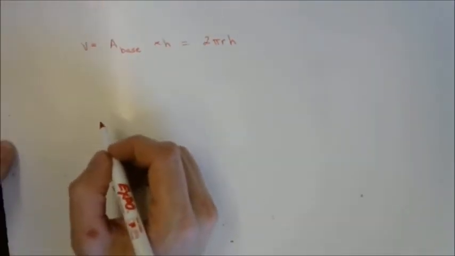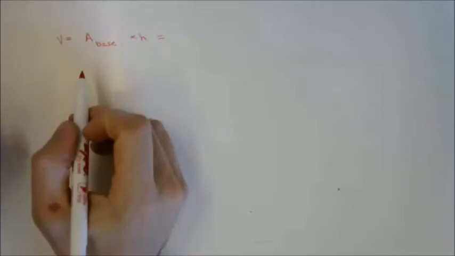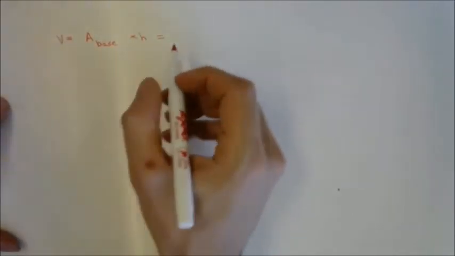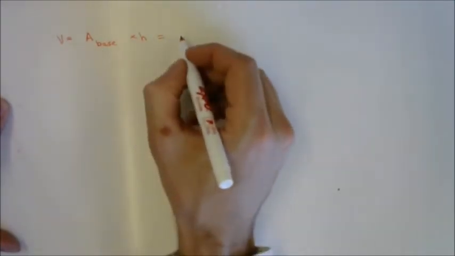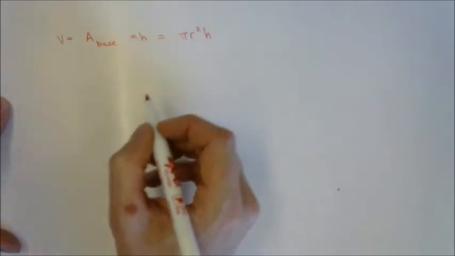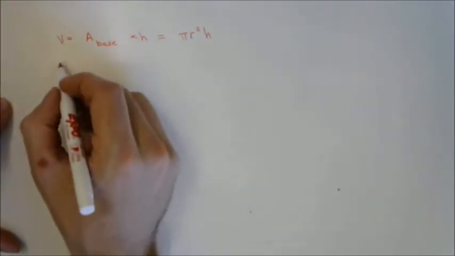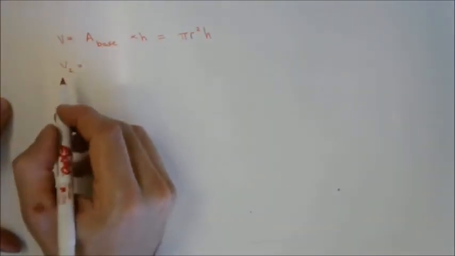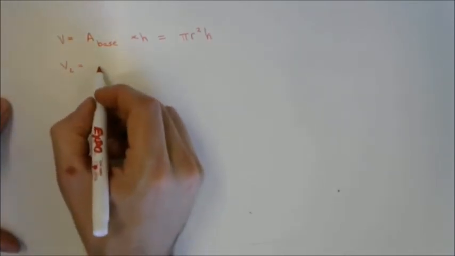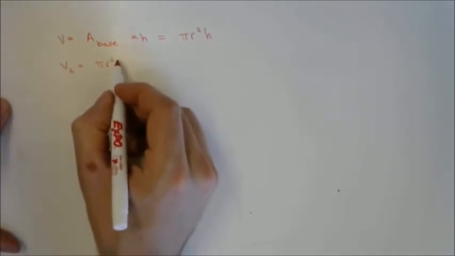Okay, here we go. The volume of a cylinder is the area of the base times its height. So the base is a circle, that's pi r squared, and then times its height. The volume of the cylinder where the radius was 2, I'm going to call it V2, is pi r squared h.